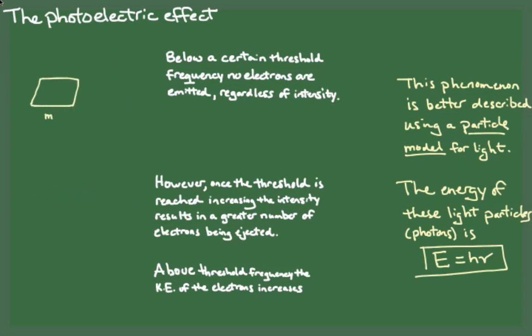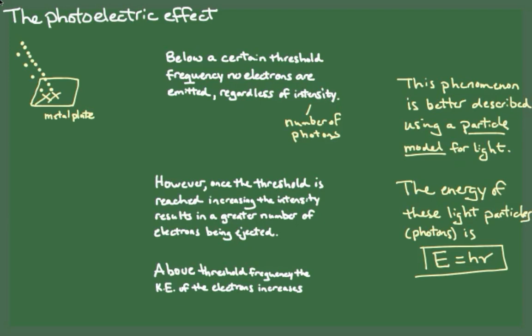So to describe the light as photons instead, if you have photons that are not of the appropriate frequency, regardless of the intensity, i.e. number of photons, more photons impinging on the metal plate does not result in any electrons being ejected.